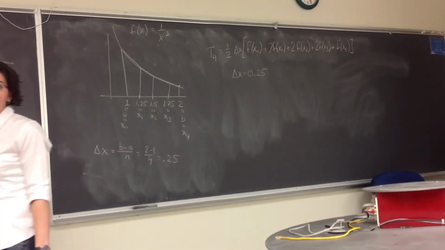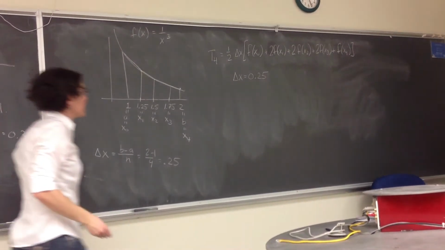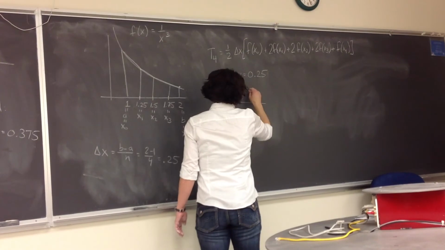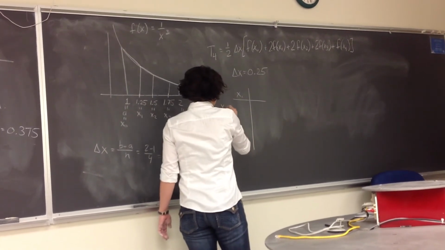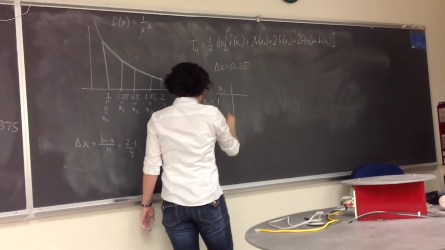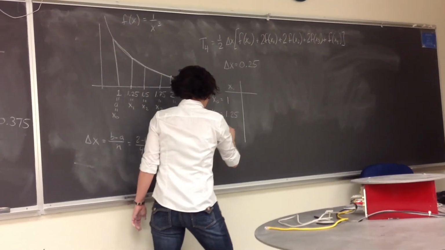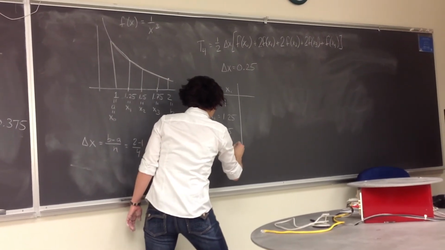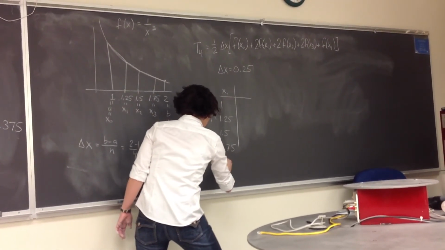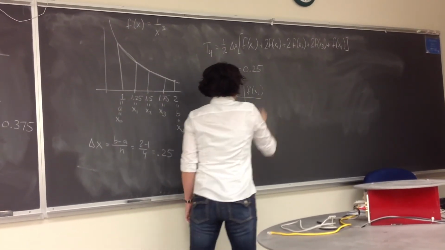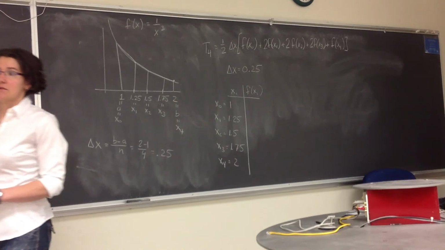And I might make up a table for myself for the other values. I need each of my xi's, so I know I need x0, which is 1, x1, which is 1.25, x2, which is 1.5, x3 is 1.75, and x4 is 2, and I need function values for each of these x values.